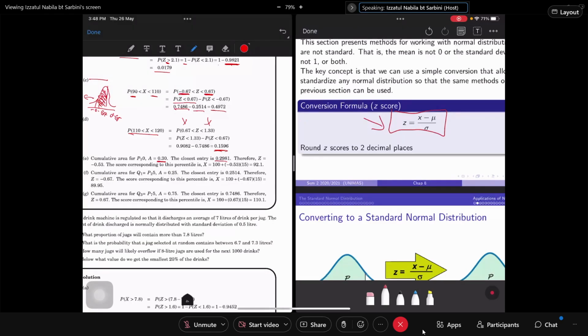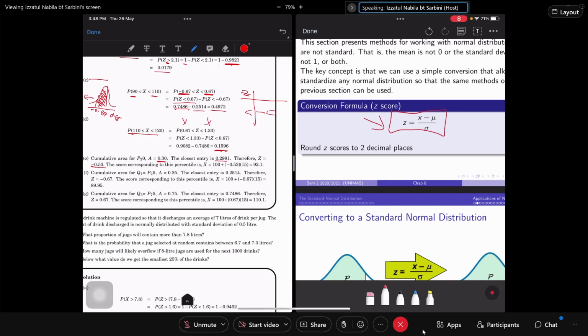Once you find it in the body like this, this is Z, this is the area. So once you find this value here, you need to refer to what the Z value is. So you refer to the Z value from the table, which is negative 0.53. Okay.